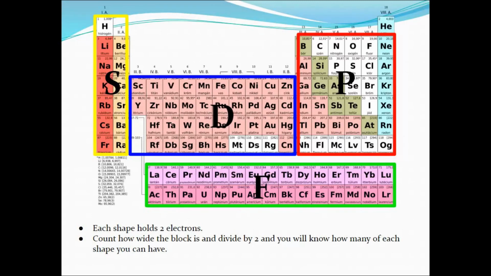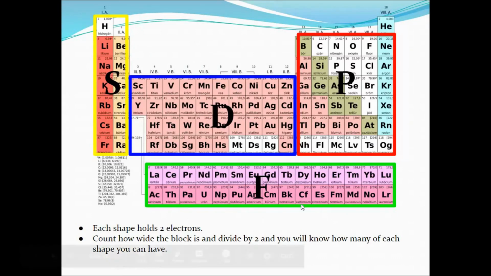What all this means is that as we go through the periodic table, we're adding electrons. If I were placing 1 electron at a time in an atom, the last electron I placed for, let's say, oxygen, will be placed in a P orbital. Or if I'm looking at cobalt, the last electron I would put into cobalt, since it's in the D block, would be in a D-shaped orbital.